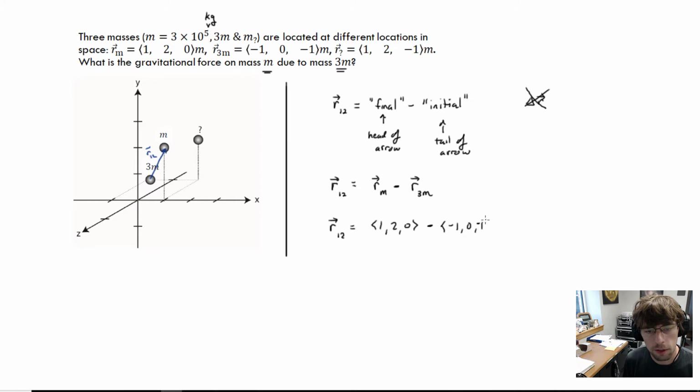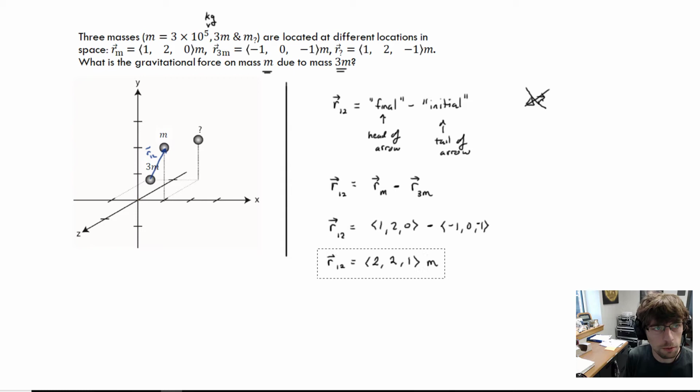Excuse me, negative 1. So altogether, we have 2, 2, 1. And of course, our units here are meters. So there is our expression.